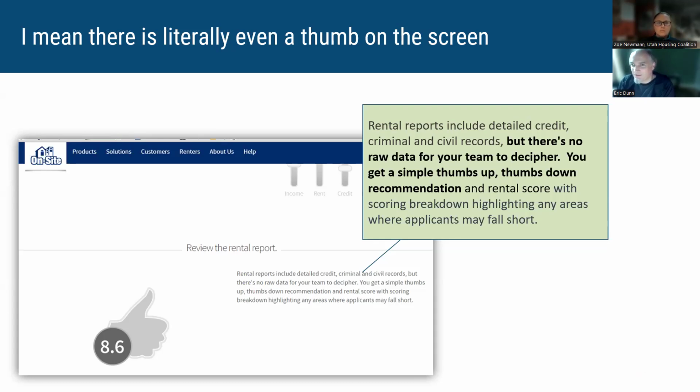And second, I think this is a myth that the screening companies have really gotten a lot of landlords and housing providers to buy into: the idea that if we just have the computer decide on the person, then we can't be sued for discrimination because we're not making any decision based on the person's race or gender or national origin or any of that.